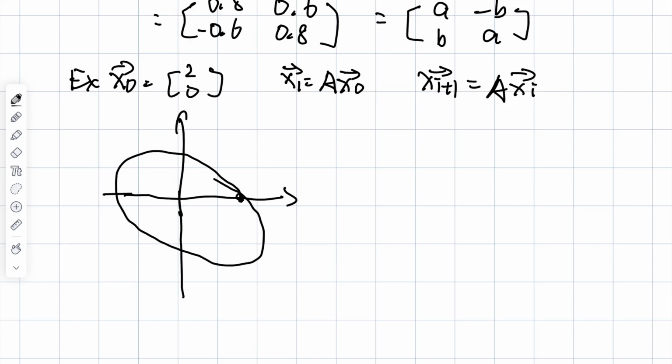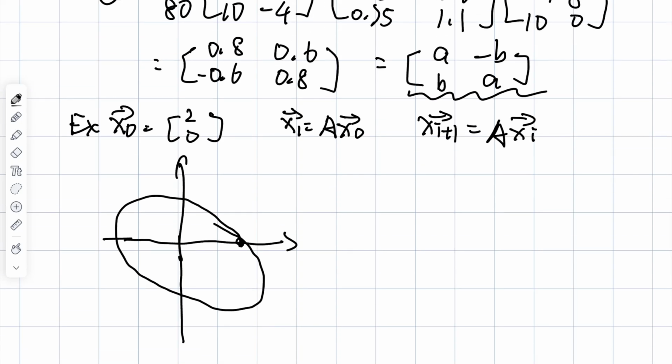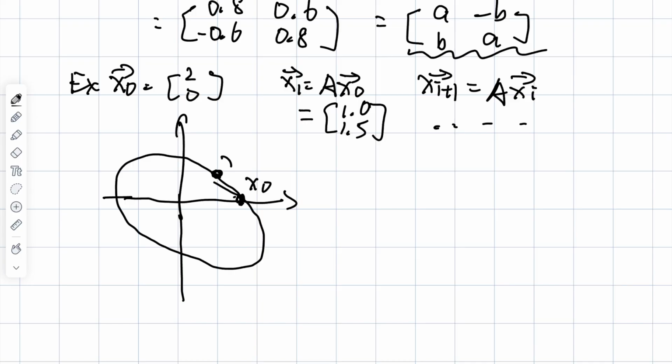Why? Just because there's a rotation inside A. So this sequence gives you dots that fall along an elliptical orbit.